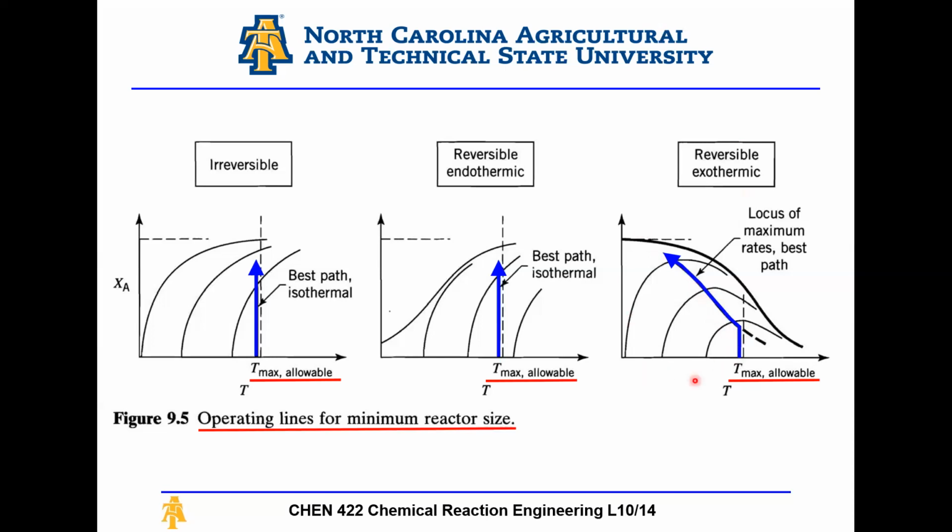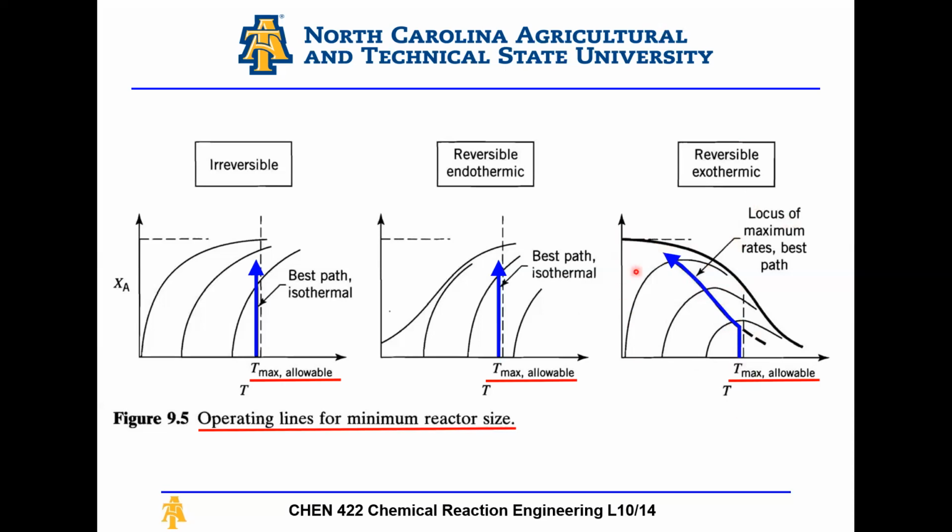So again, for a reversible exothermic system, I want to start operating my reactor at the highest possible temperature, and then I cool my reactor with time, or with length if you have a PFR, so that I maintain the temperature along this locus of maximum reaction rates. And this way I can maximize my reaction rate and increase my conversion as the reaction progresses or as the reactor continues to operate.